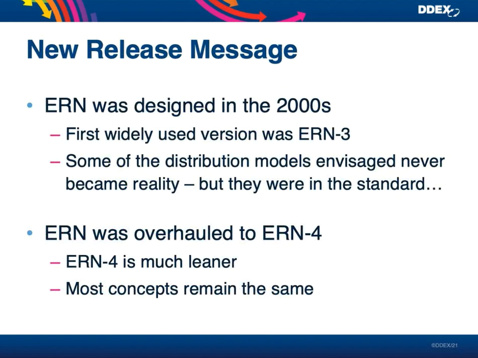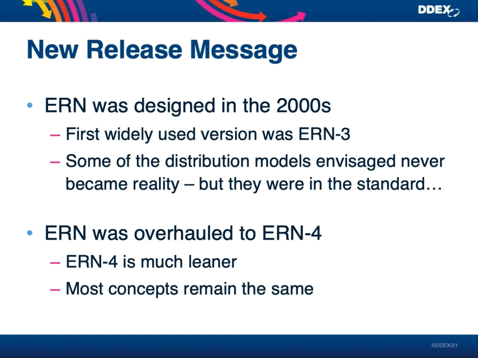Now, this structure that I've just outlined was designed basically in the early noughties, so it's not that young anymore. The first widely used version was ERN 3, and ERN 3.7 and 3.8 are, I think, still the most used versions of the ERN standard today.